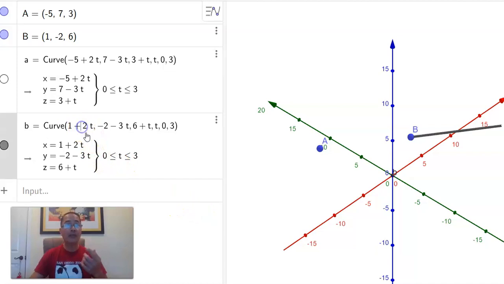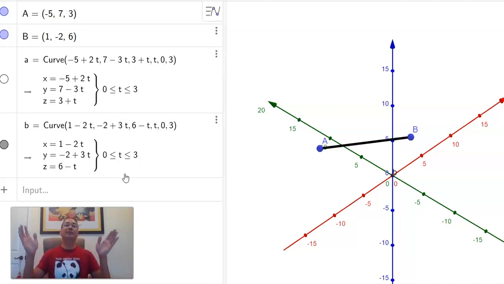One way to do that is to reverse all the signs here: -2, 3, and -1. Boom! There you go. So this takes us from B to A. Okay, let's go back to from A to B. Does it have to be 0 to 3?